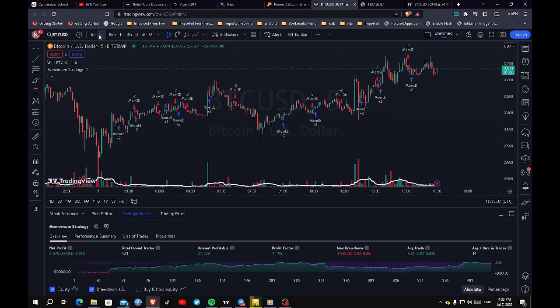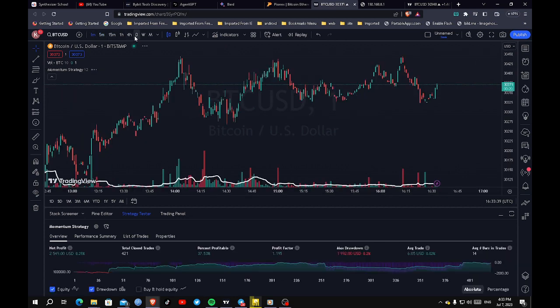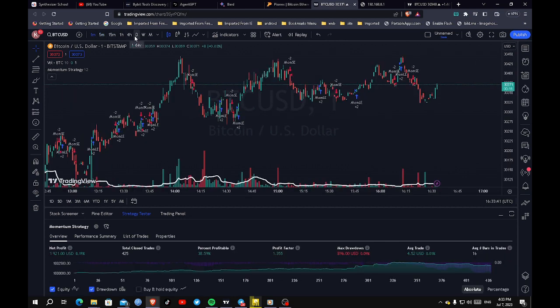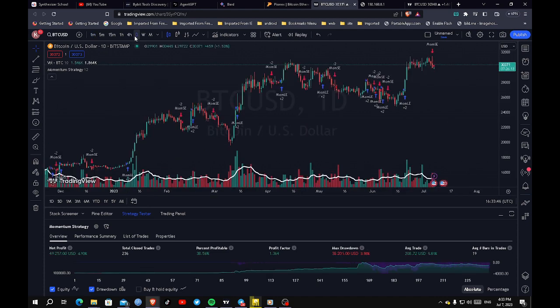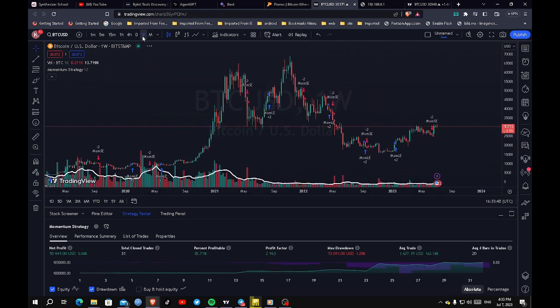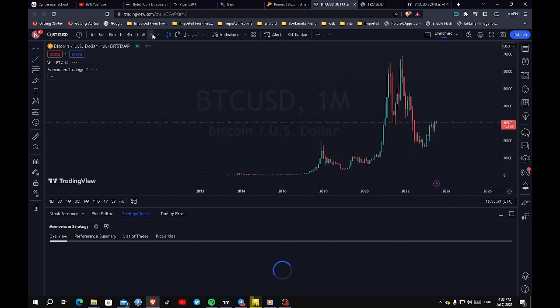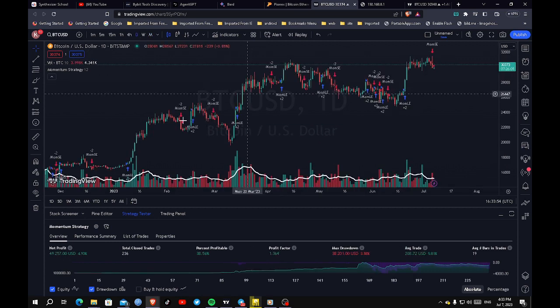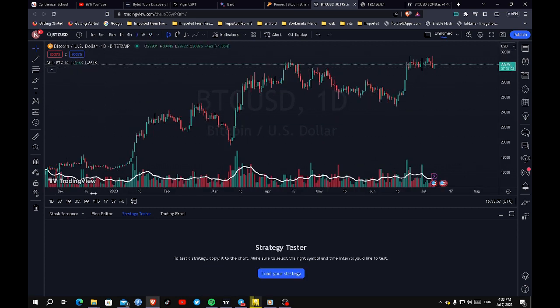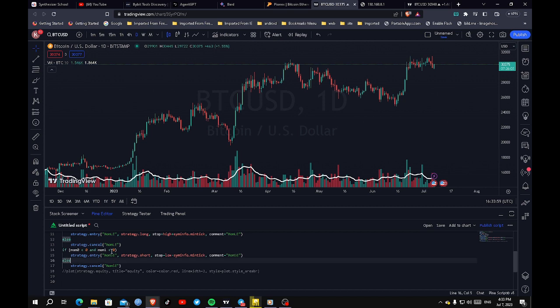Let's see, 5 minutes is also okay. It appears that it does really well on the day and the week time frame, and also the month. Alright, so delete it and delete the code.